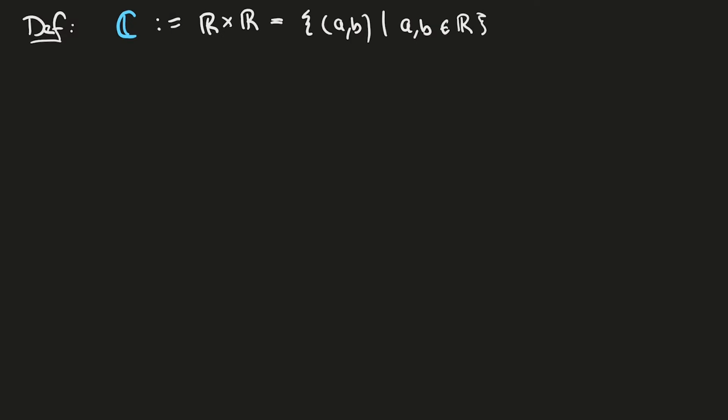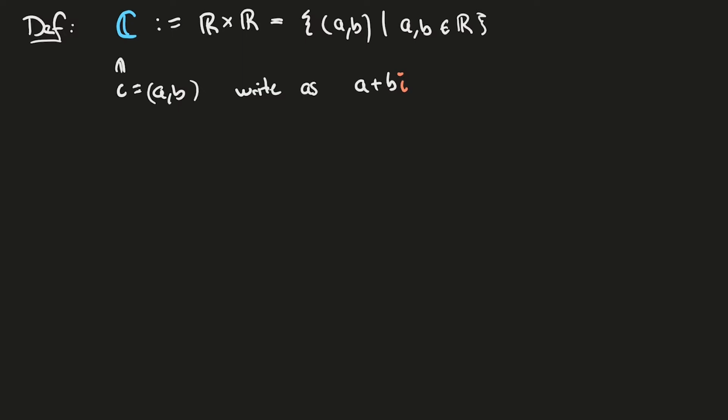So an example of a complex number would be (2, -3). Now, instead of using the ordered pair notation, we will write it as a plus b times i, where i is the imaginary unit.